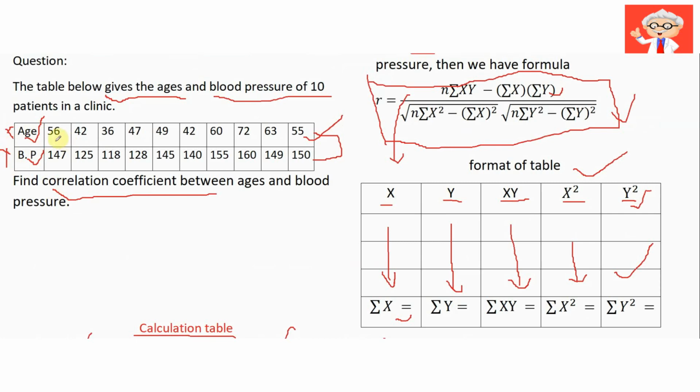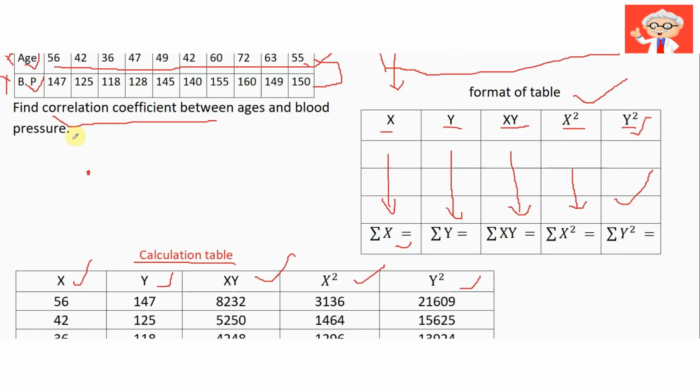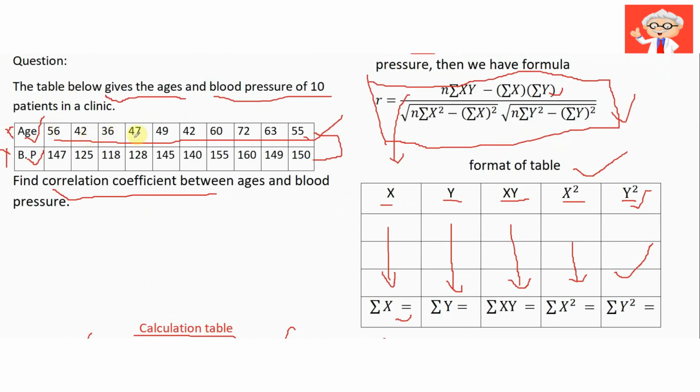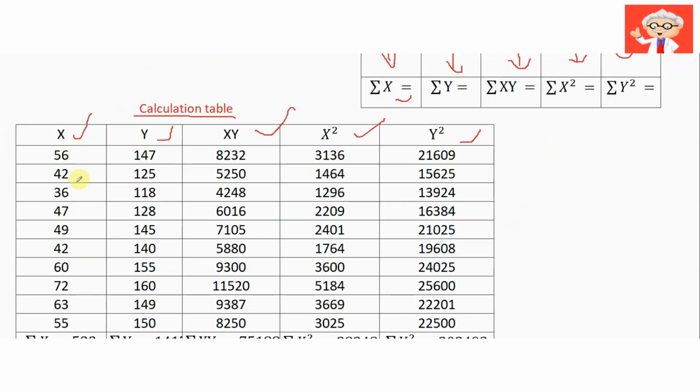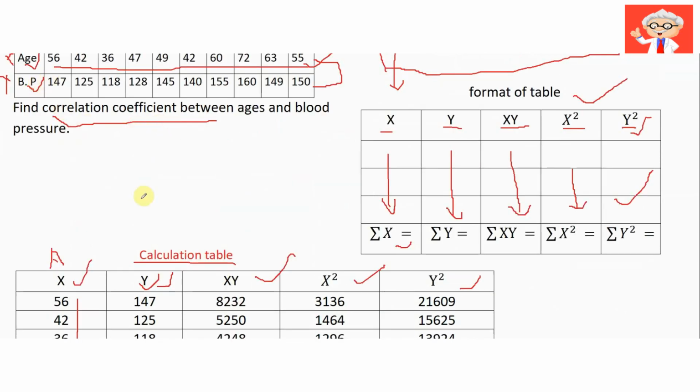We have written all the values in the column x: 56, 42, 36, 47. All values are copied here. So it represents age, and this represents blood pressure, BP, that is y.